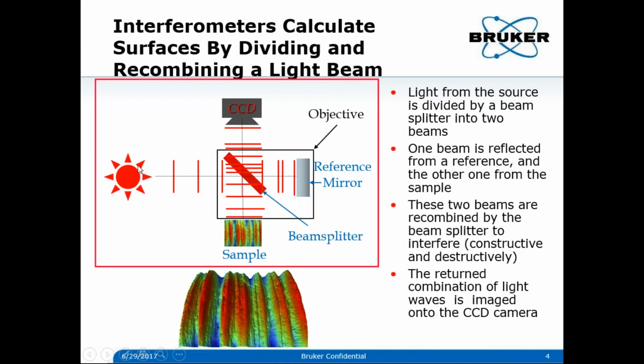We have a light source, and then the beam splitter will split the light into two parts, one to the sample and one to the reference mirror, and then recombine them, and then you can see fringes, and we are using this fringe to scan over the surface. Then after that, you can produce this 3D phase map, which you can use Vision64 Map software to do the analysis.